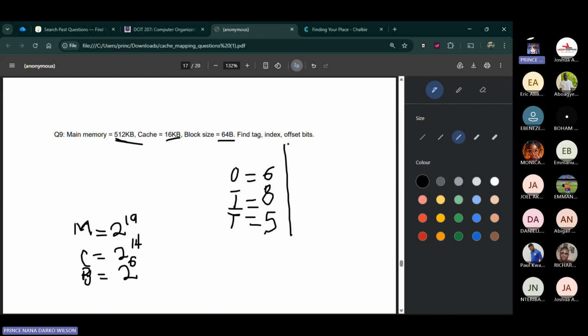Okay, I can see approval, so I think they agree with the answer. So let's work it out and see if we are right or we are confused.